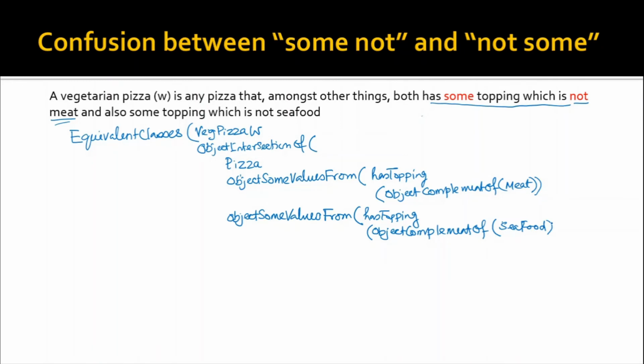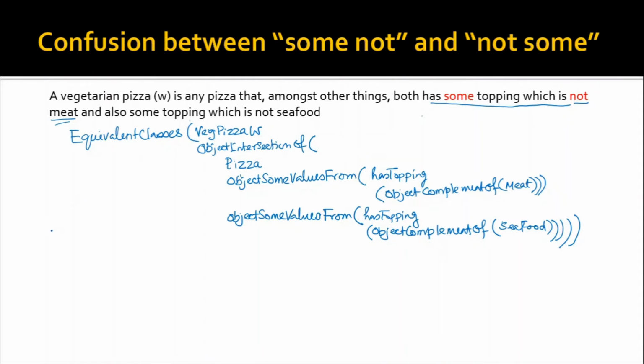We have closed this, we have closed this, we have closed this. I think we should have another, right? Now we have closed this, and finally we have closed this, right? So this is the definition of veg pizza according to this, which says that it has got at least one topping which is not meat, right?